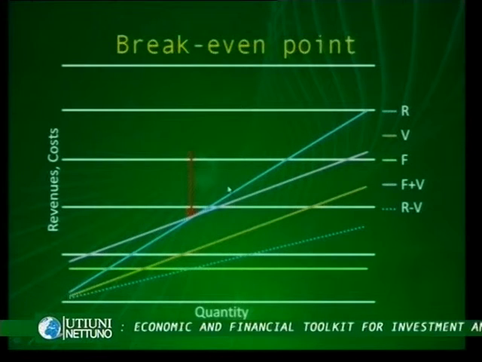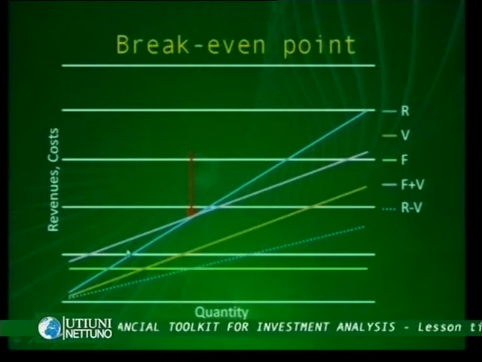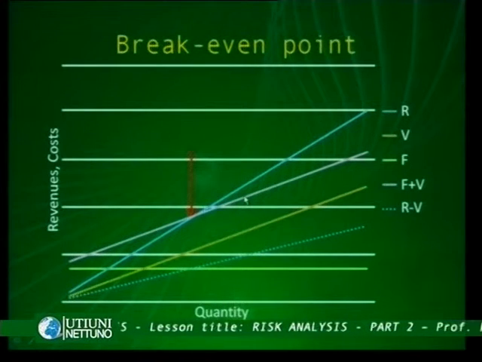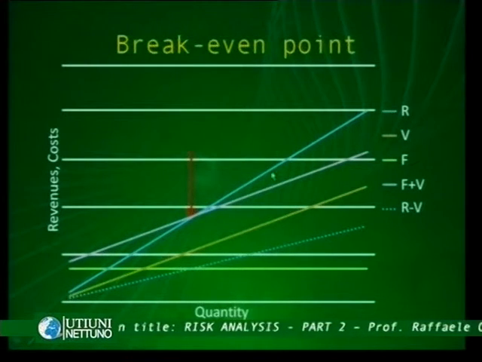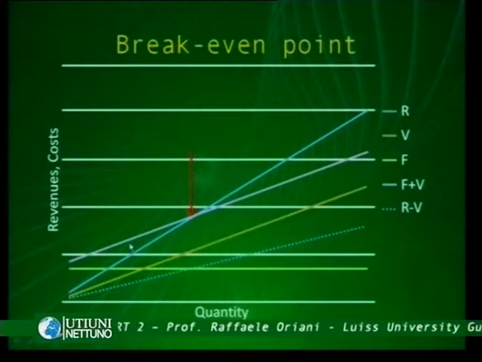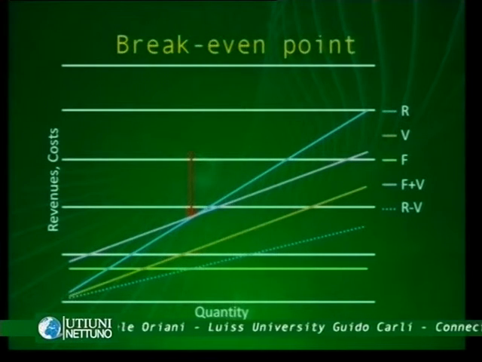So what we can see here is that there are some levels of quantities for which the purple line is higher than the blue line of the revenues, and there are some other levels of quantities where the purple line is below the blue line of revenues. So in other words, we have an area where the firm or the project is losing money because the costs are higher than revenues.